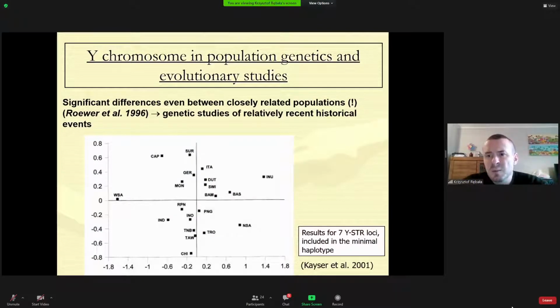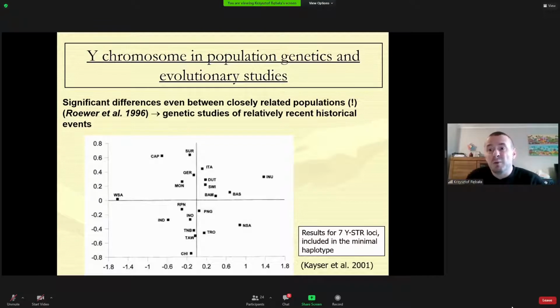Okay. What is important and special about the Y chromosome is that it may show significant differences even between closely related populations. The first study, published in 1996, compared Dutch and Germans. Dutch and German languages are quite similar. They are both Germanic languages and they are neighbors.